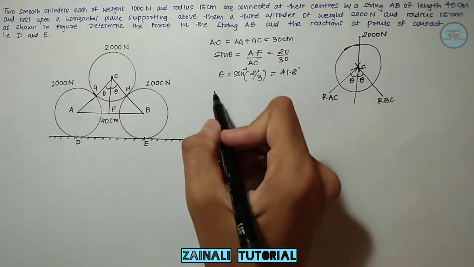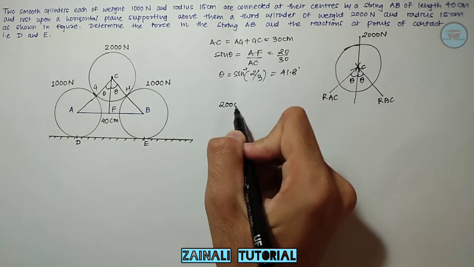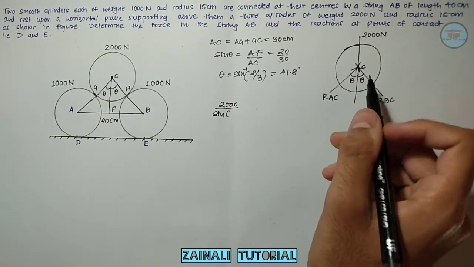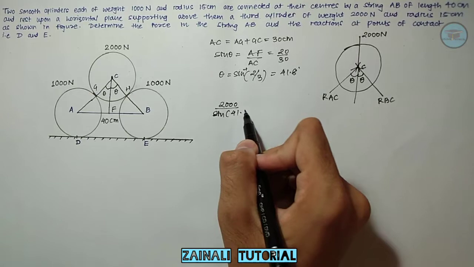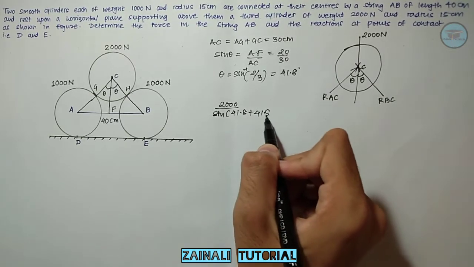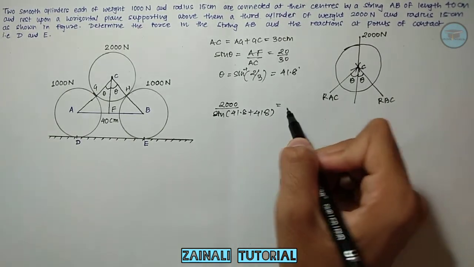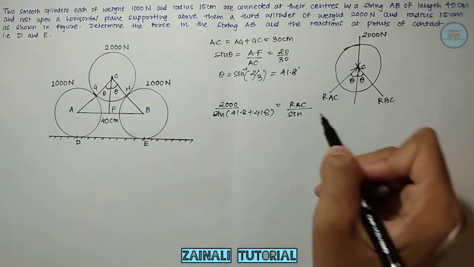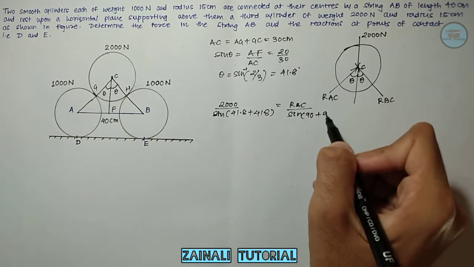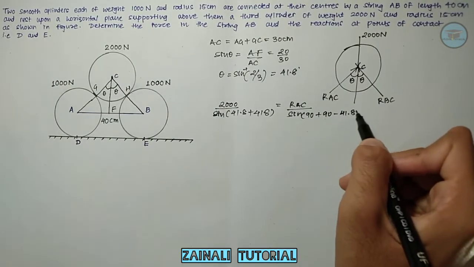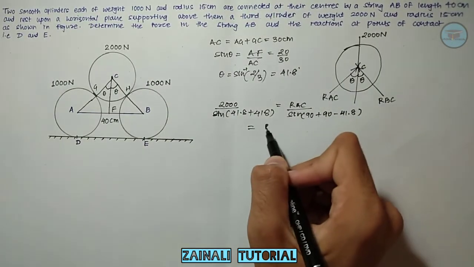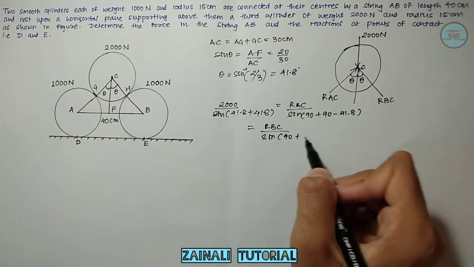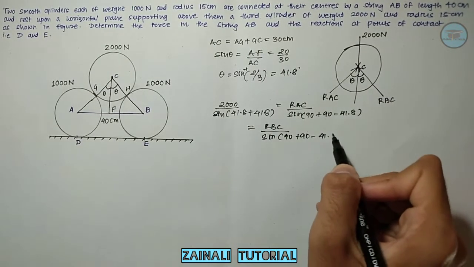Applying Lami's principle, we get 2000 divided by sine of the angle between these two, that is 41.8 plus 41.8, which equals RAC divided by sine of the angle between these two, that is 90 plus 90 minus 41.8, which equals RBC divided by sine of 90 plus 90 minus 41.8.